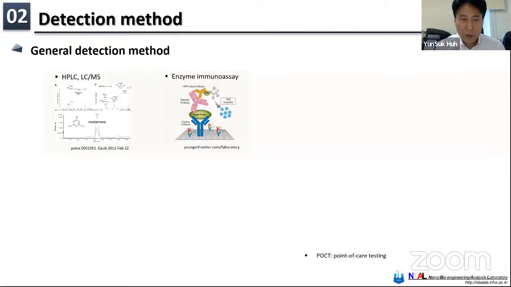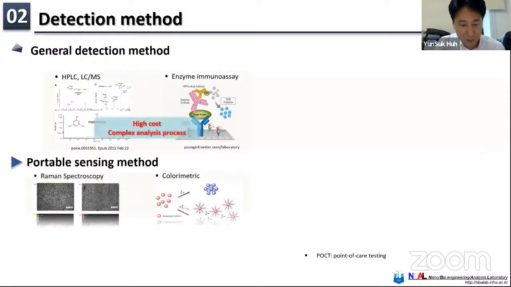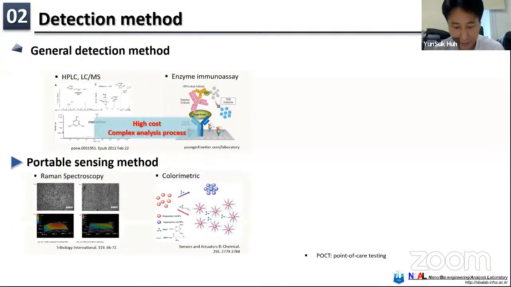In this slide, I want to compare the general detection technique and the portable sensing technique. There are conventional technologies that can detect harmful substances in foods, such as HPLC and LC-MS.